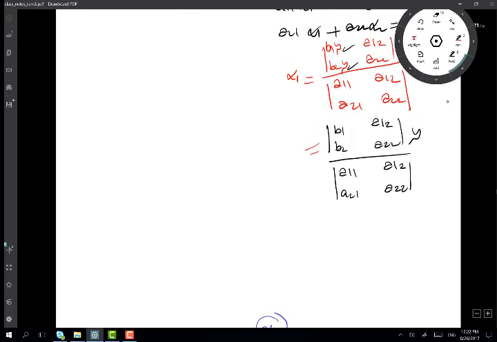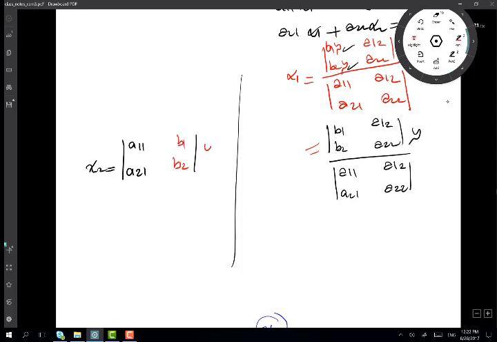The same thing, if you wanted x2, you'll end up with a11, a21, a12, a22, where I need to get rid of the second column and replace it by b1 and b2.